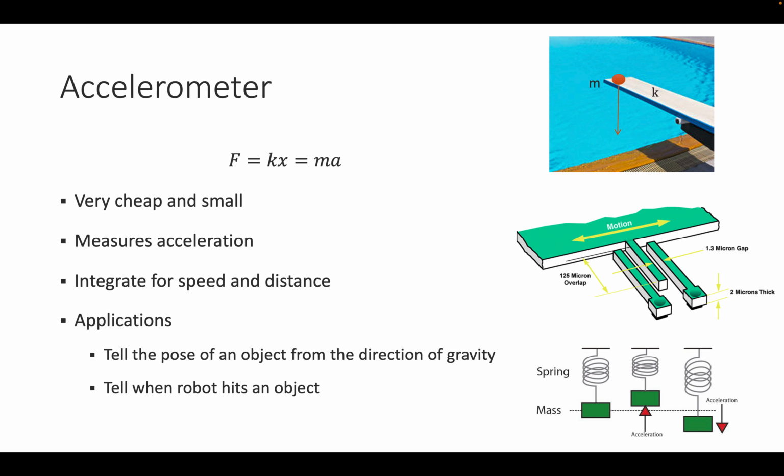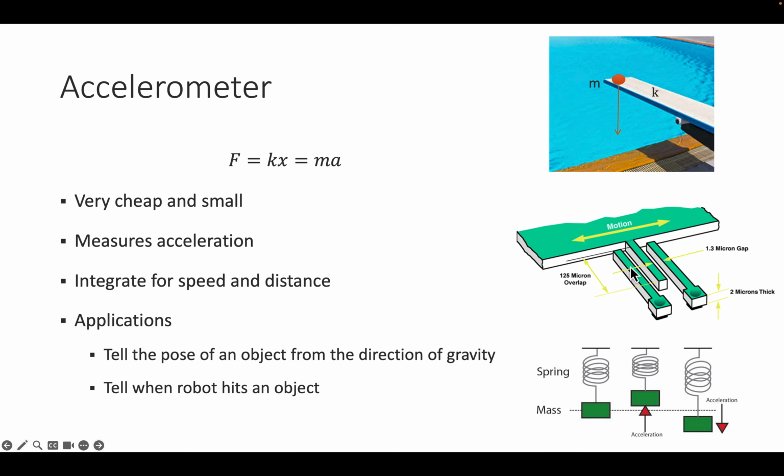And so we have gravity exerting a force onto the tip as a function of the weight that we put here. And that force is F equals m times a, which is the same as the spring constant times the displacement. And therefore, by measuring the displacement and knowing the spring constant, we can work out the acceleration that we are seeing here.